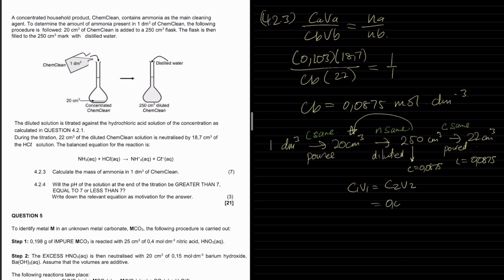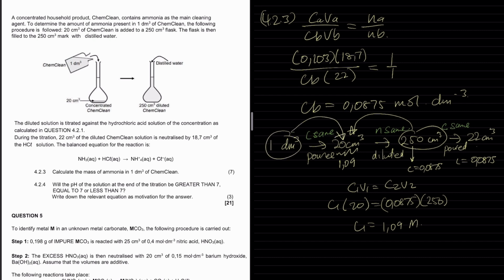We know the concentration, 0.0875, and the volume is 250. That's equal to C1, the concentration we want, times the volume of 20. That means C1 is equal to 1.09 moles per dm cubed. So the concentration here is 1.09. And since from here to here it was poured, the concentration in the 1 dm cubed will also be 1.09.